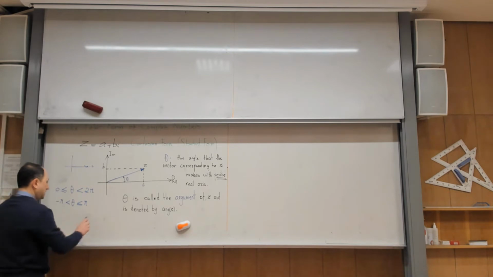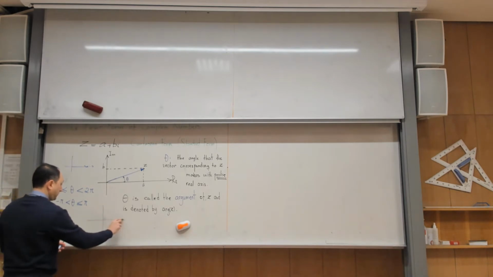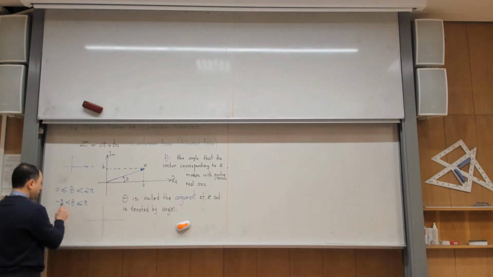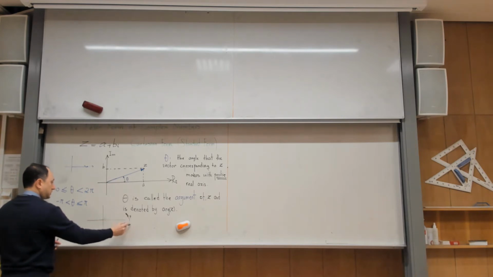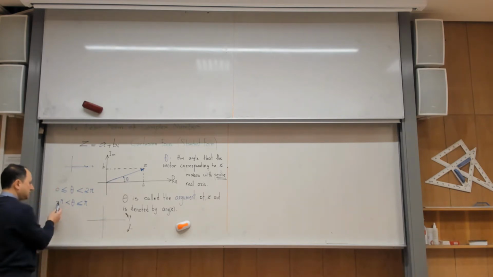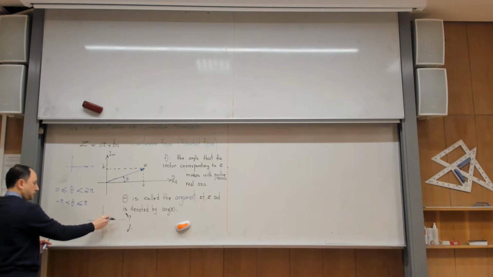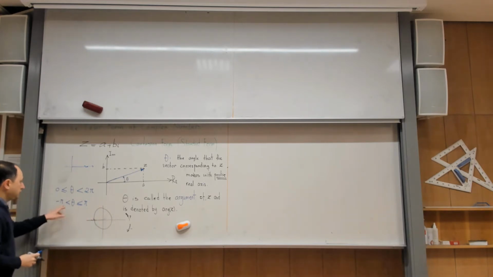If I ask you where is minus pi? Minus pi is this angle. When I say this is the positive direction, you know this is the negative direction. When I say negative pi, it means that you are here, but that is excluded. So you start from minus pi, and then you go up to positive pi, which becomes the whole circle again. So we can have two conventions.